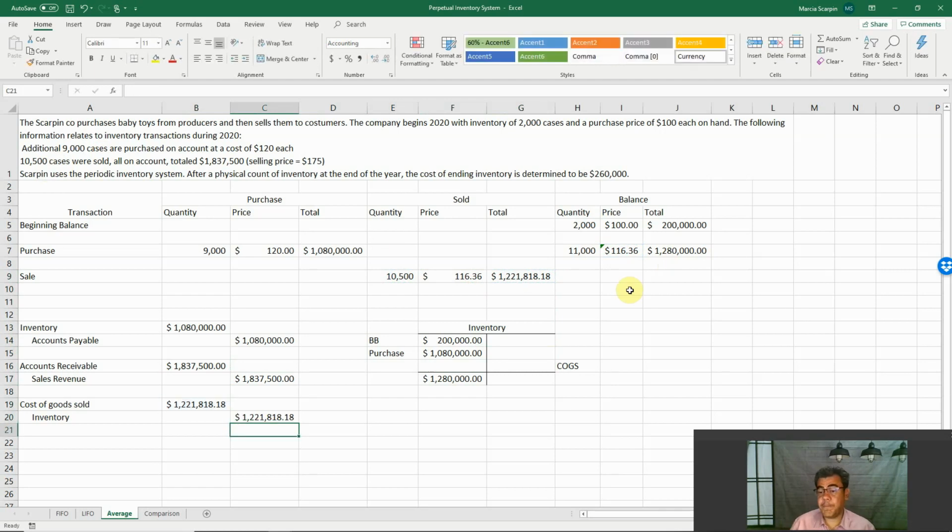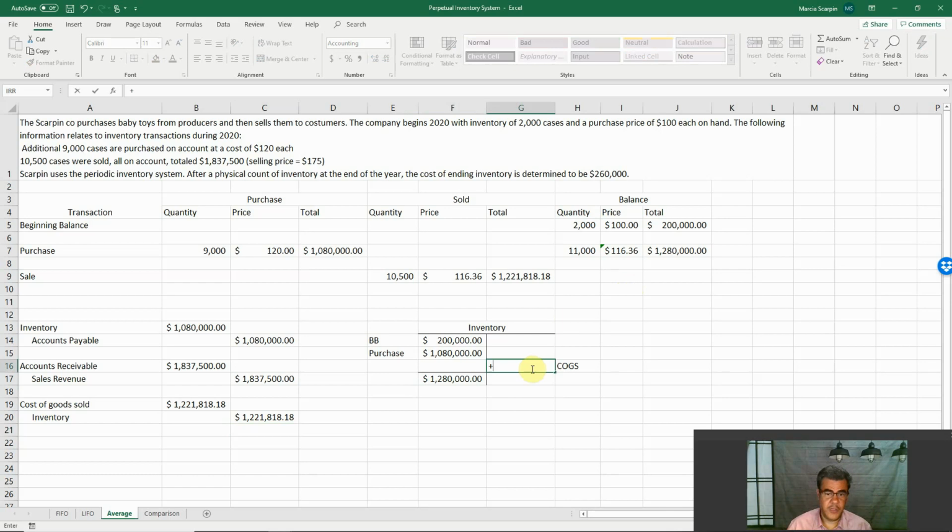So on periodic system, we have a huge journal entry at the end of our period to close accounts, adjust numbers, and so on. Here, no, we have only the regular journal entry, so no journal entry here. So here, inventory, our credit, we have an ending balance of 58.